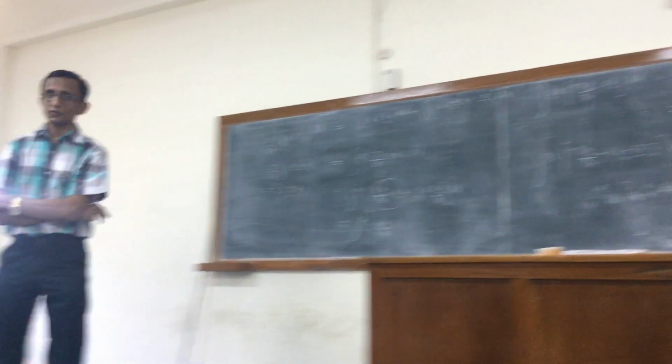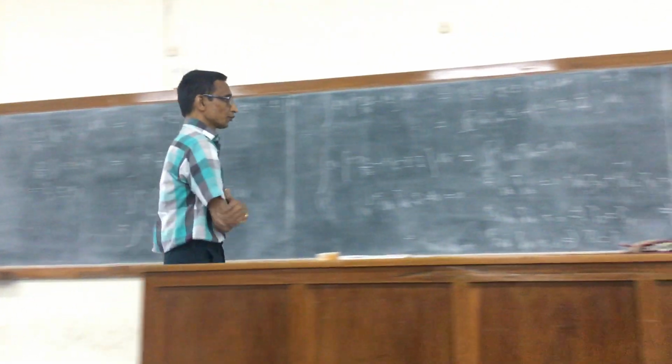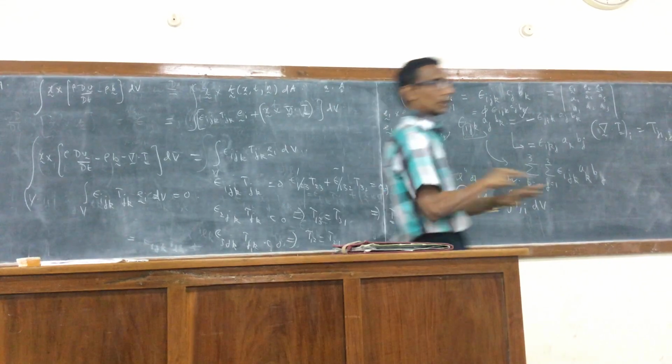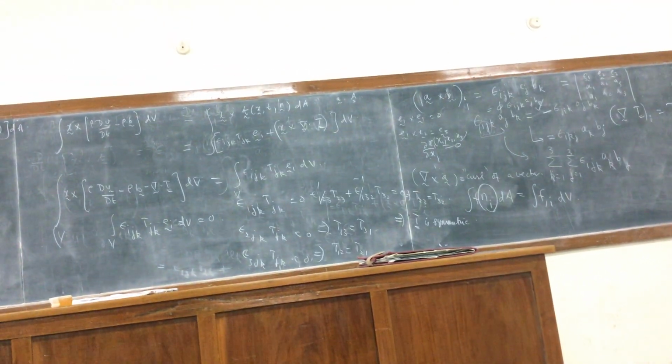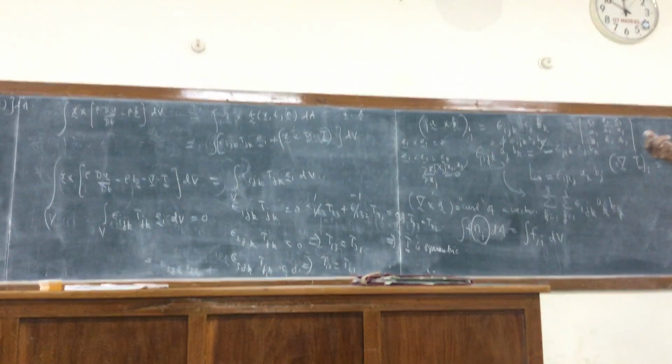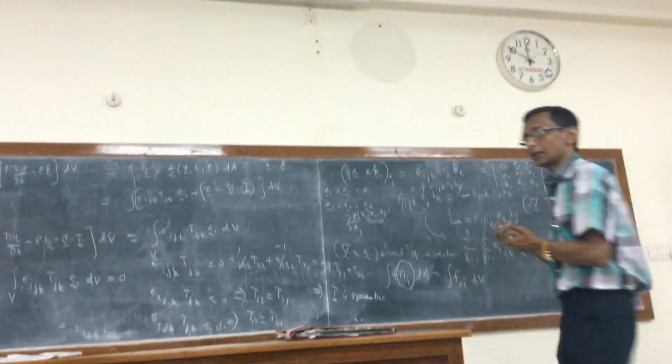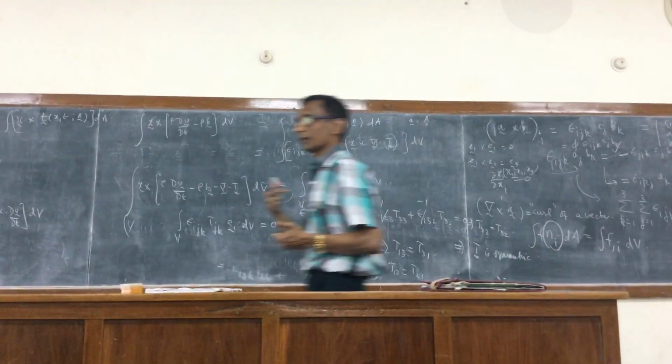Because that is the definition of a symmetric tensor, that the off-diagonal elements are equal. Of course, there is no restriction on T11, T22 and T33. They can be arbitrary.